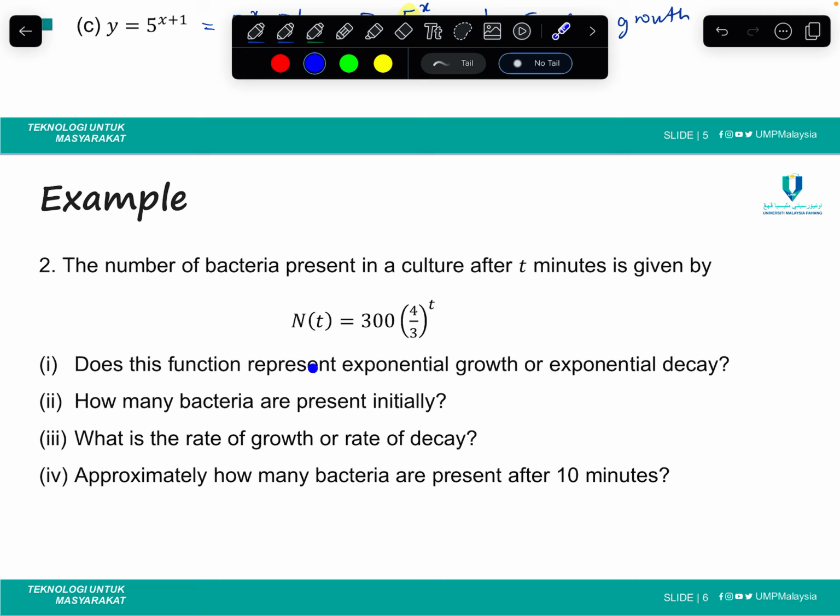Does this function represent exponential growth or exponential decay? To determine the trend, we need to refer to the b value. For this function, the b value is 4 over 3. 4 over 3 is greater than 1, means that the function represents exponential growth.